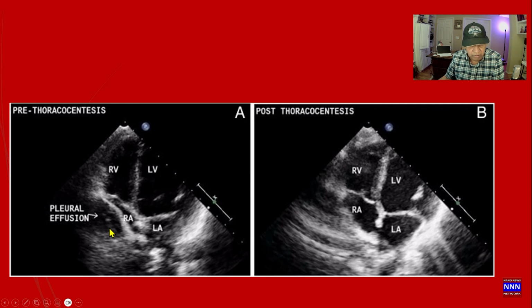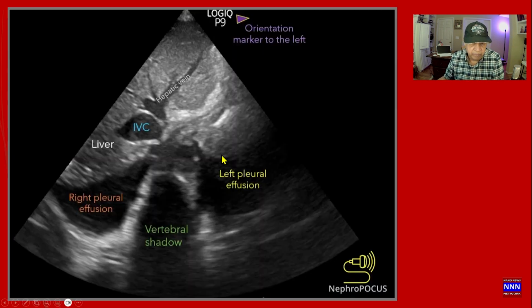And once the pleural fluid was tapped, you can see there is expansion of the lung tissue and the right atrial collapse disappeared. So this is an important feature to keep in mind when we are trying to differentiate between pericardial effusion and pleural effusion based upon 2D echocardiography.